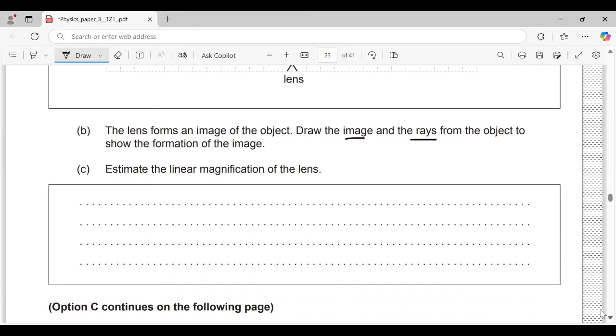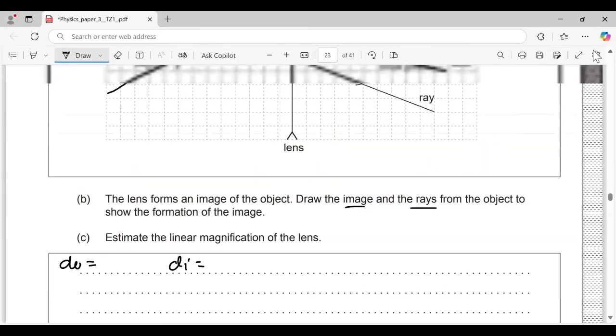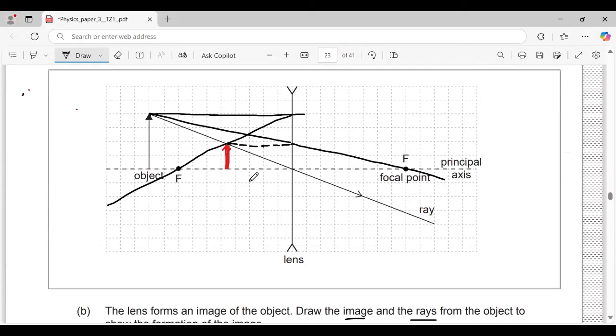Estimate the linear magnification of the lens. So we need to find the object distance and the image distance. This is the object distance: 1, 2, 3, 4, 5, 6, 7, 8, 9, 10. 10.